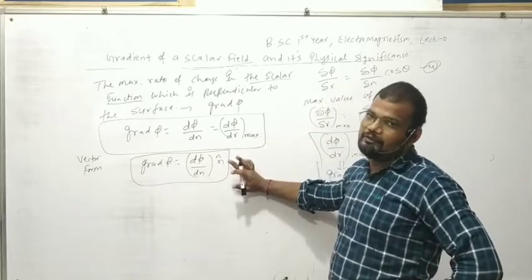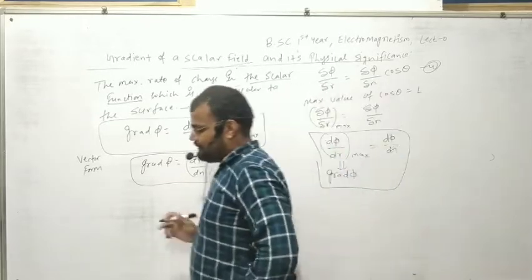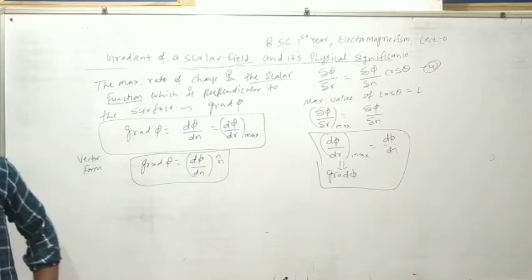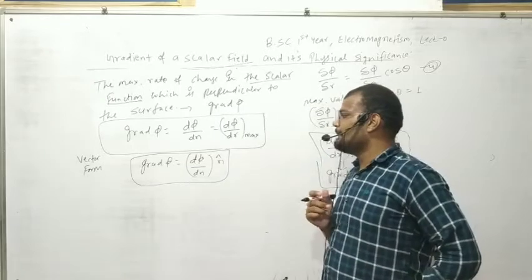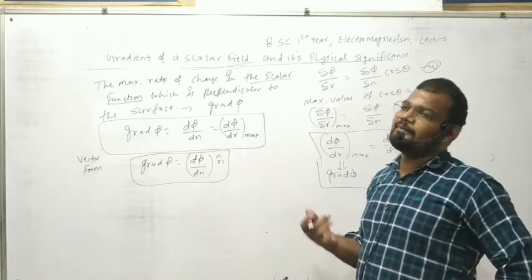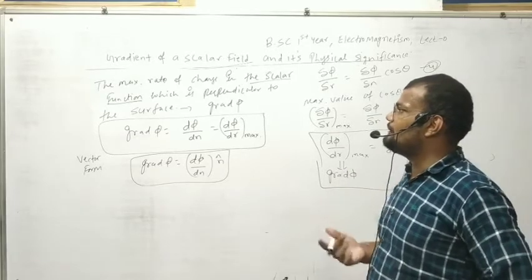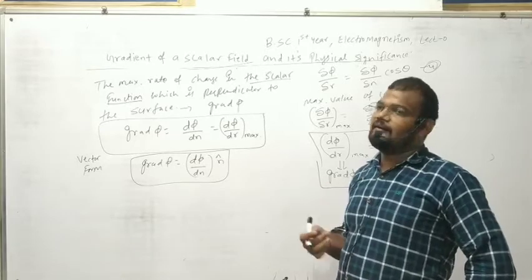So if you want to write the complete definition, okay, let's see. If any question is asked in your exam, what is the gradient of a scalar field? Give the mathematical expression of the gradient of a scalar field. Then it will depend on the marks.